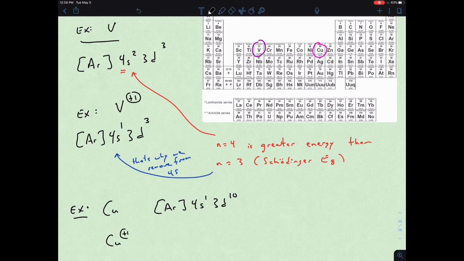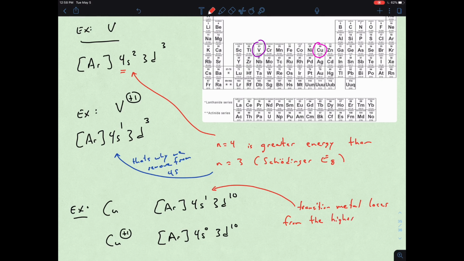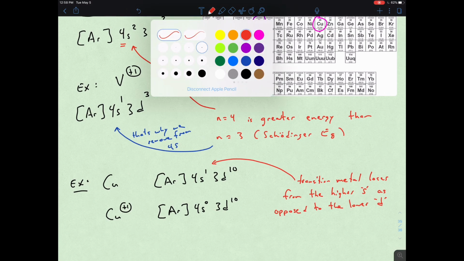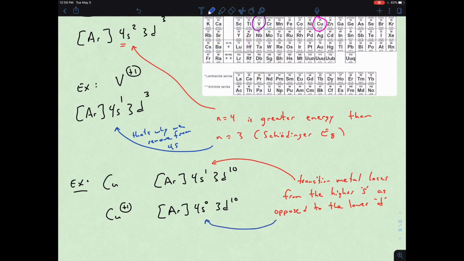When we get into copper plus 1, we find the same phenomenon occurring, that the transition metal loses from the higher S as opposed to the lower D. And so that's why we're seeing that loss there.